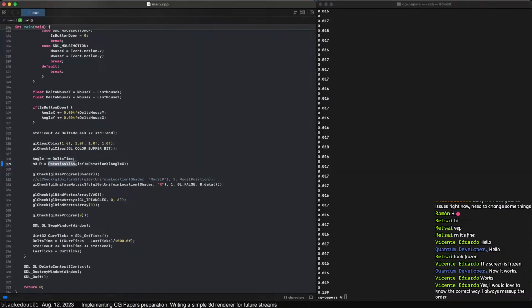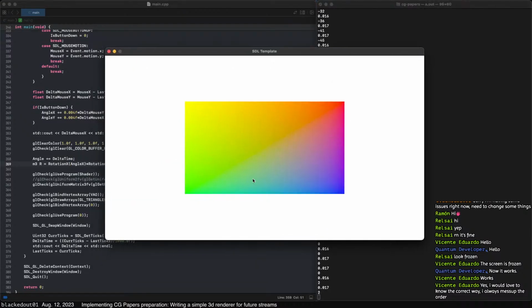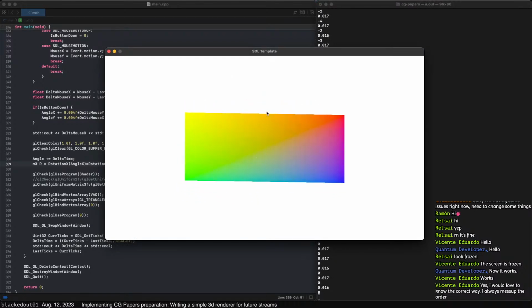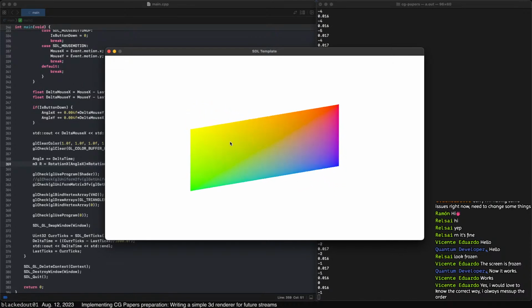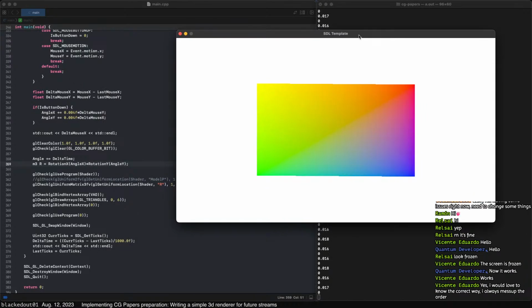And if we change the direction here, the order, yeah, this is what I meant.